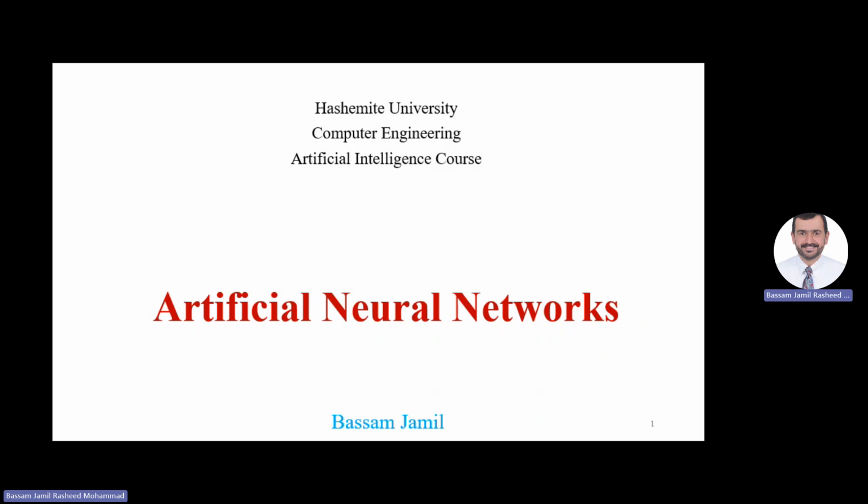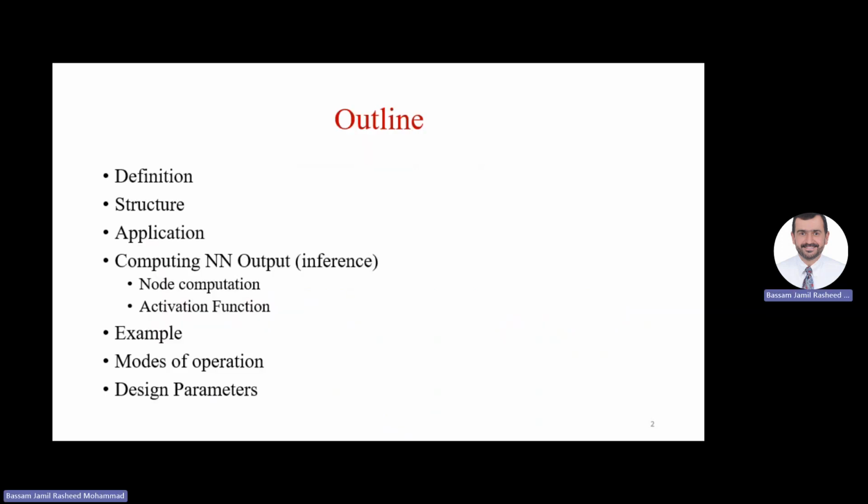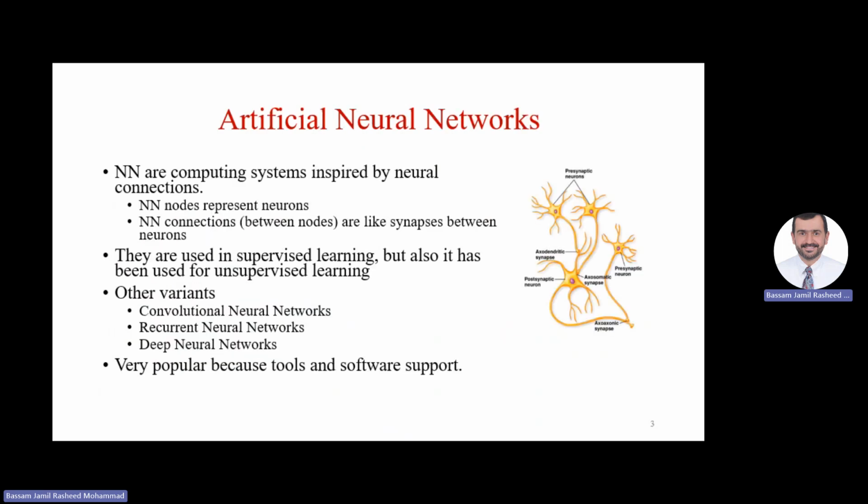Okay, so we're going to go through the definition. Now, of course, the artificial neural network mimics the way our brains work, and the main components are those nodes that are connected with synapses, right?